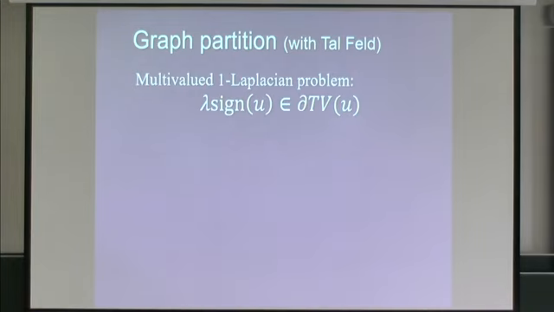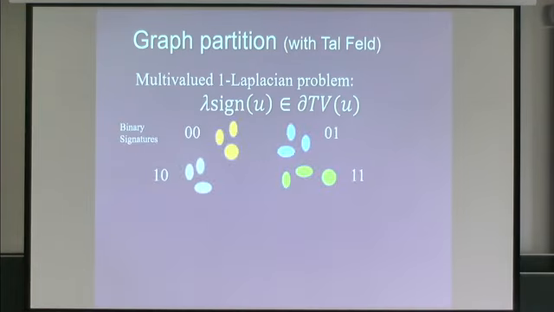It's called the one-Laplacian problem, where we have sign(u) and not u here. And what we show is that it actually gives bi-valued vectors. Each vector is bi-valued, and you can see it as a binary signature sort of. So when you have many eigenvectors, you can actually do some clustering. It will give you a different signature for each cluster.